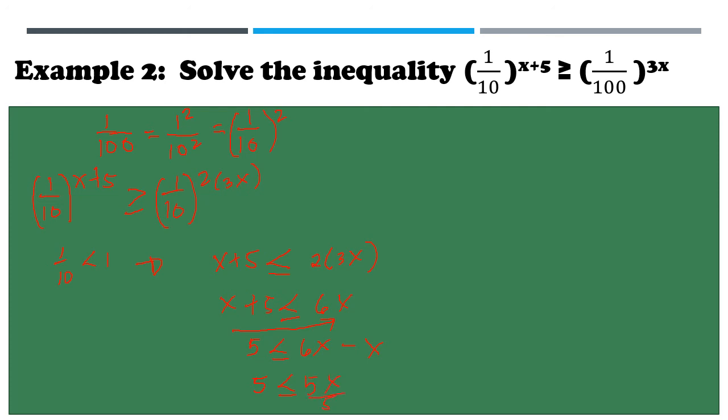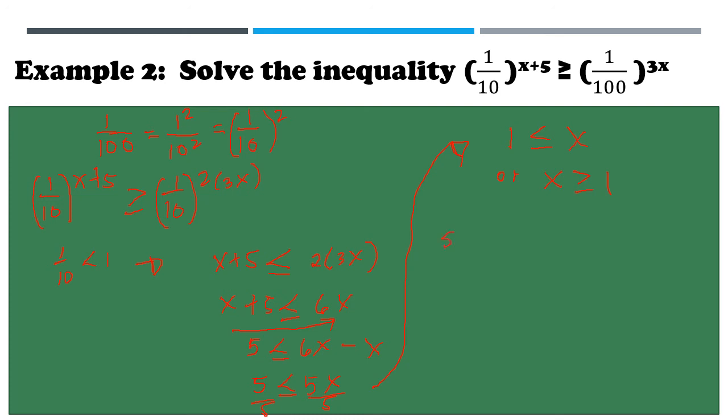Dividing both sides by 5. So, this becomes 1 less than or equal to x. Or baliktarin natin, ang x daw natin ay mataas o equal sa 1. So, that is our answer for our second example.